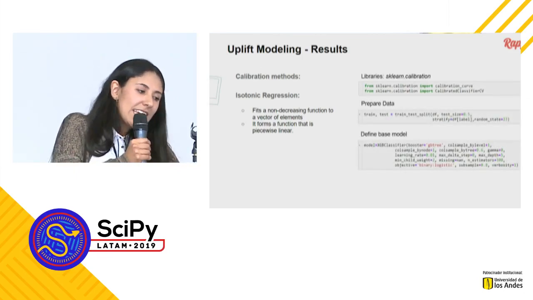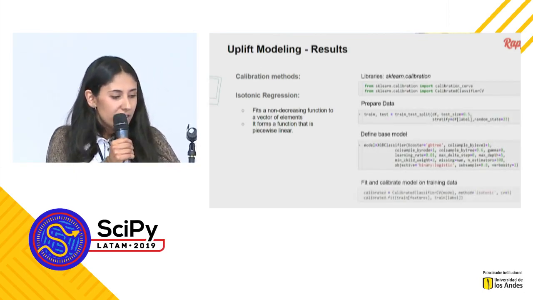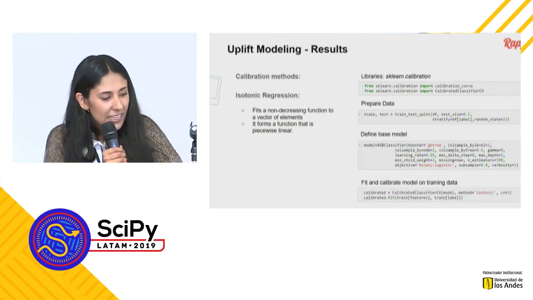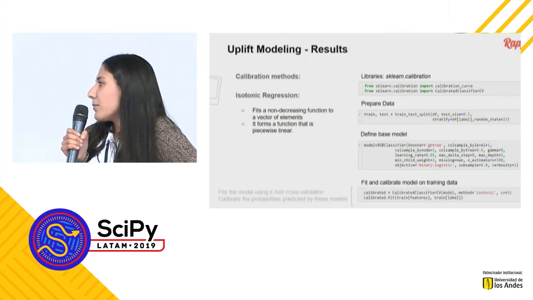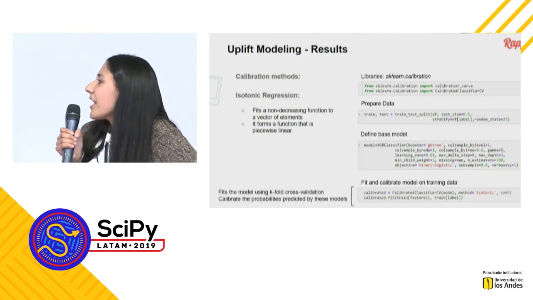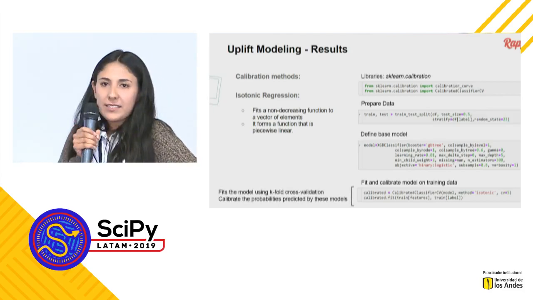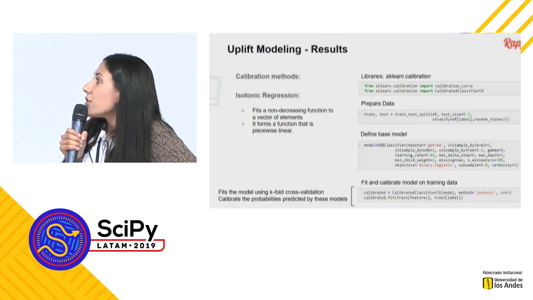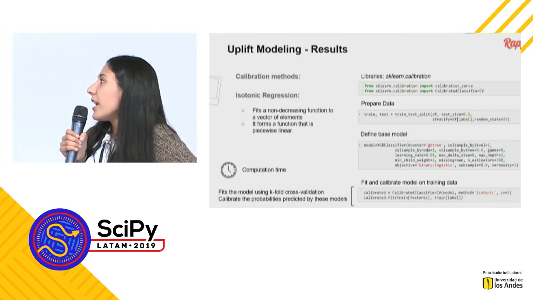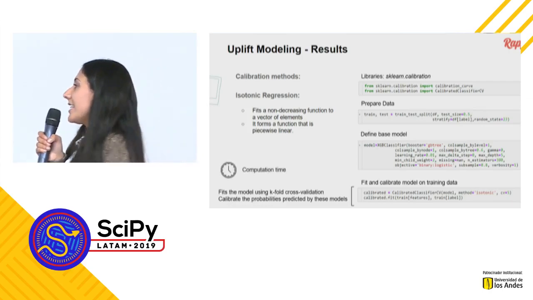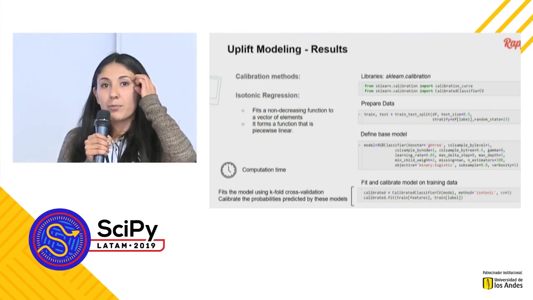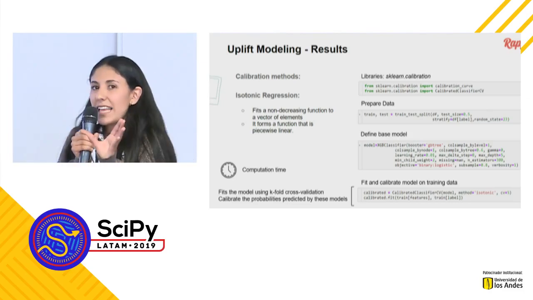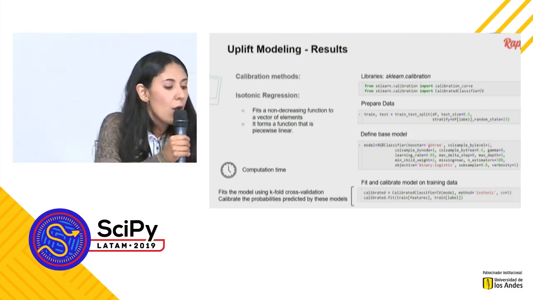We prepared the data, we defined the base model, and then we used the CalibratedClassifierCV function to fit the model with k-fold cross-validation, and then to calibrate the probabilities of the model. We finally didn't use this method because of computation time. We needed a faster approach, but this was our first approach.